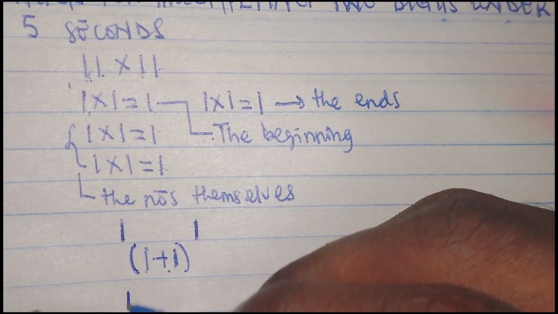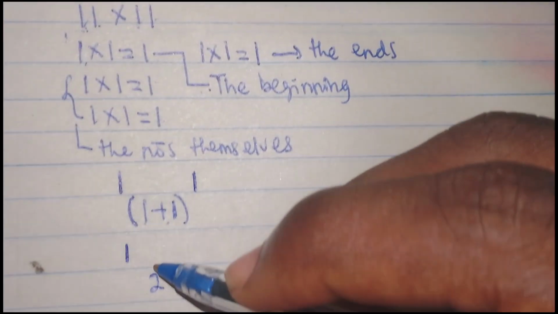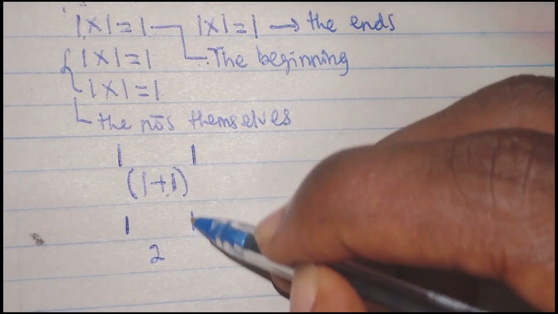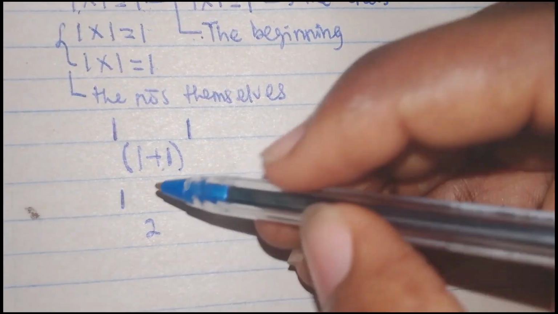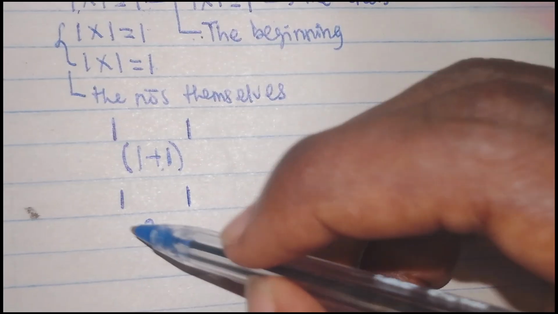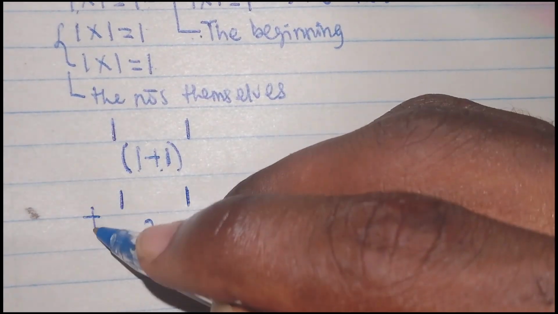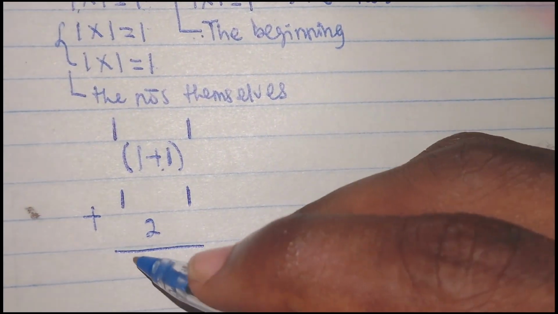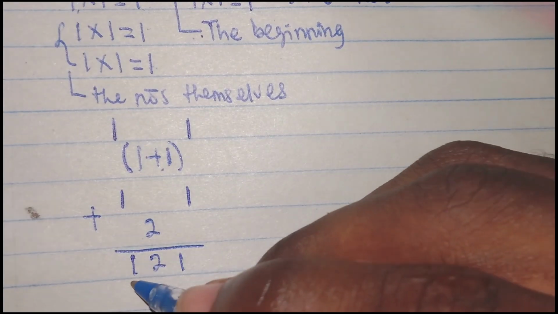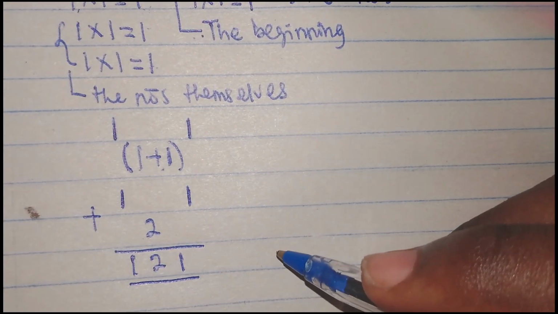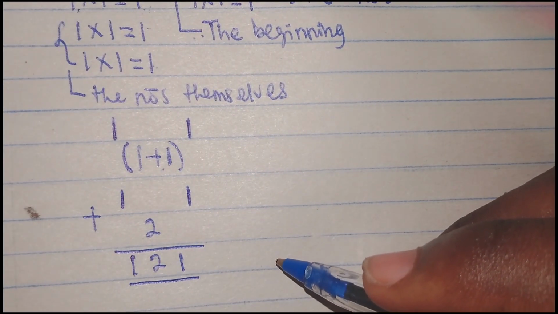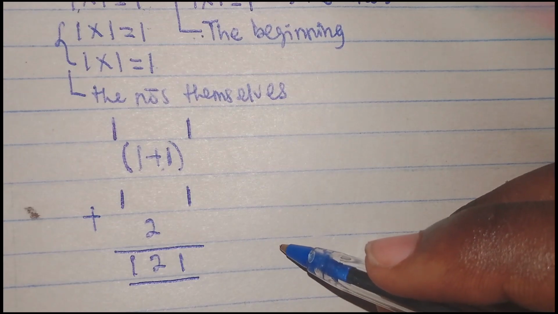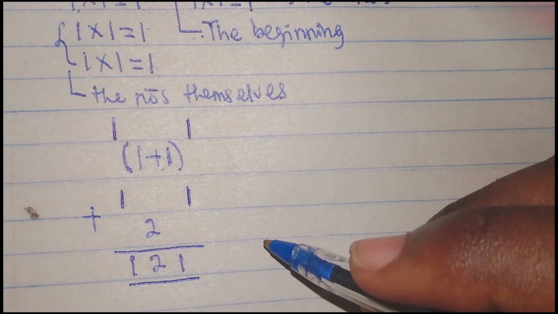So 1, 2, and 1. You add them in this order, taking this place to be 0, 0, 0. When you add them, you arrive at 121.